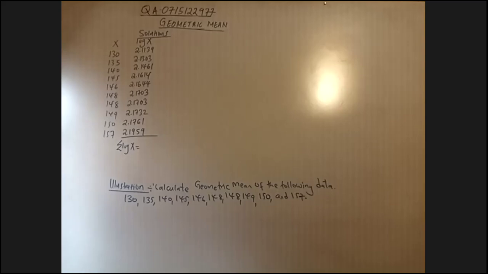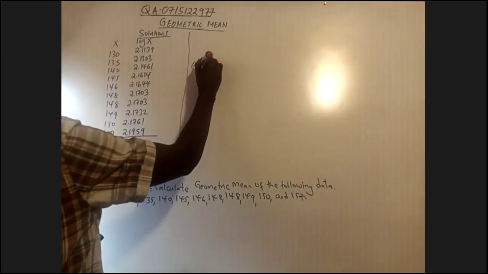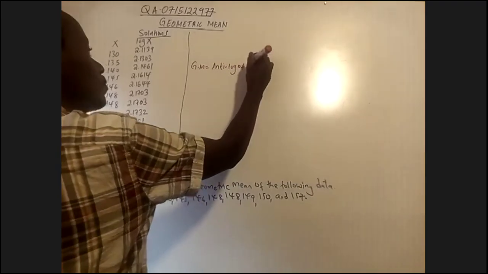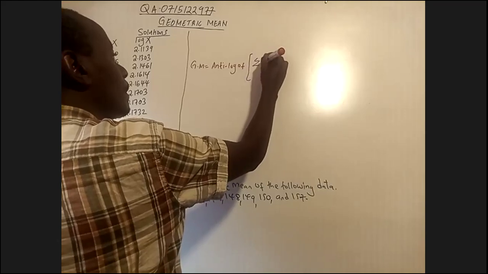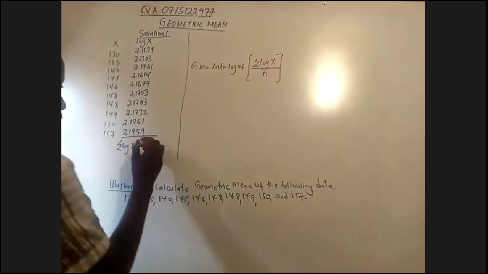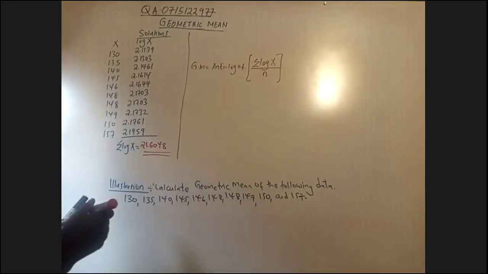So add them. Unapata ngapi? 21.6048. Let's confirm if that is the figure.